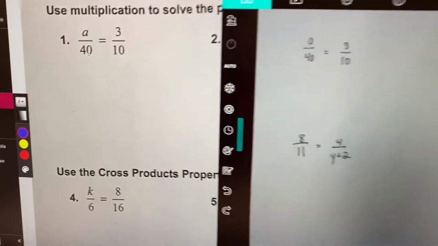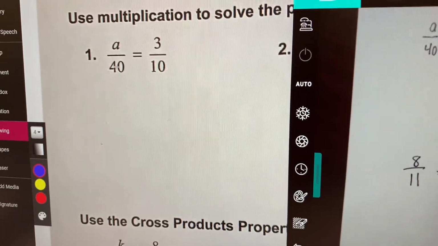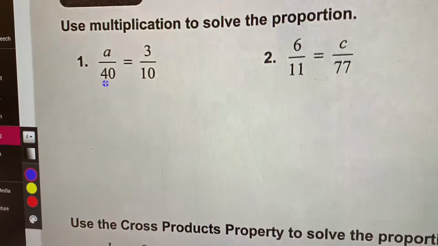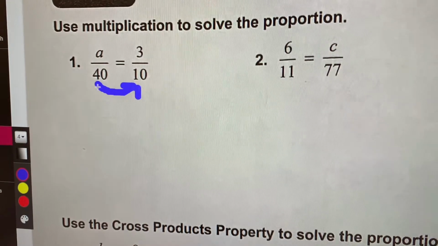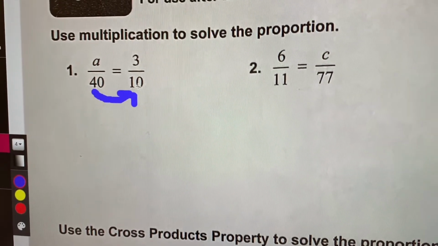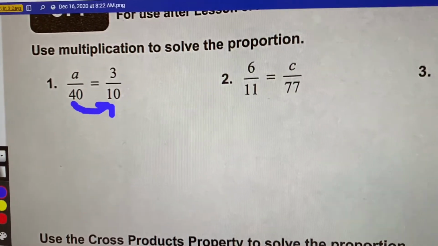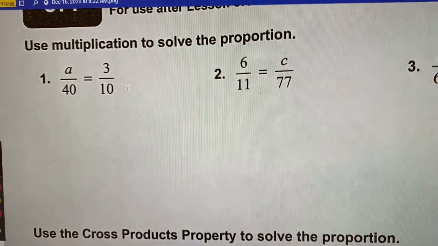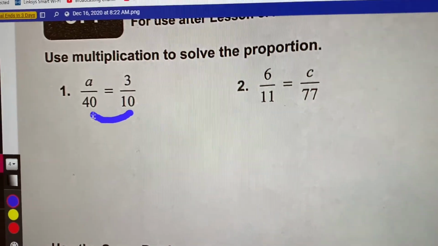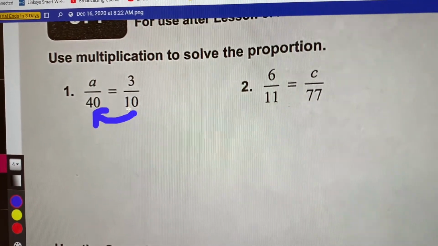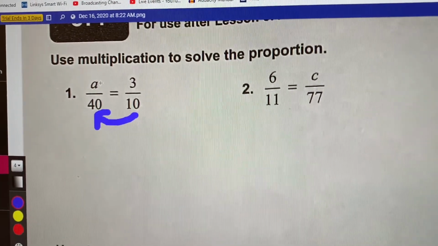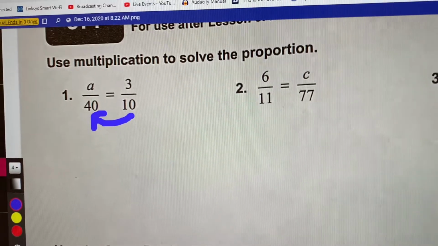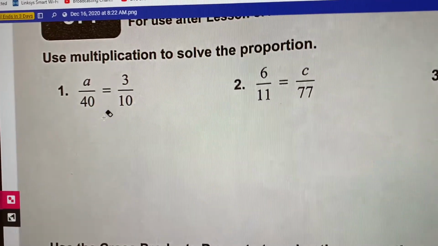If I look at 40 and 10, to get from 40 to 10, I could divide by 4, or going from 10 to 40, I could multiply by 4. So 10 times 4 gives me 40, which would mean 3 times 4 gives me 12. So A would equal 12 on this problem.